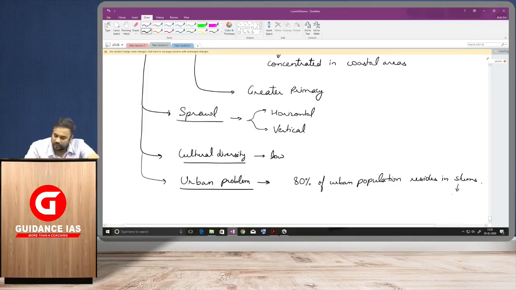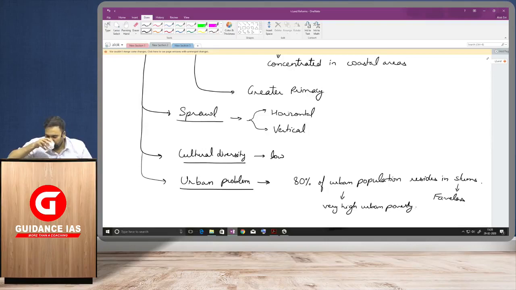Here slums in, for example, Brazil में उनको बोलते हैं favelas. That means, can I say there is very high urban poverty. Very high urban poverty. So this is the distinctiveness of Latin American and Caribbean urbanization. ठीक है?